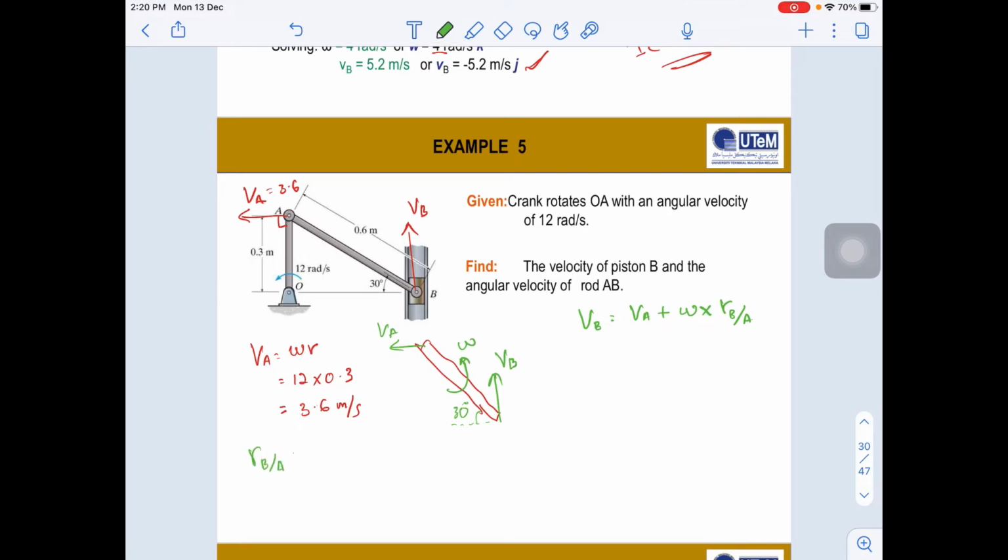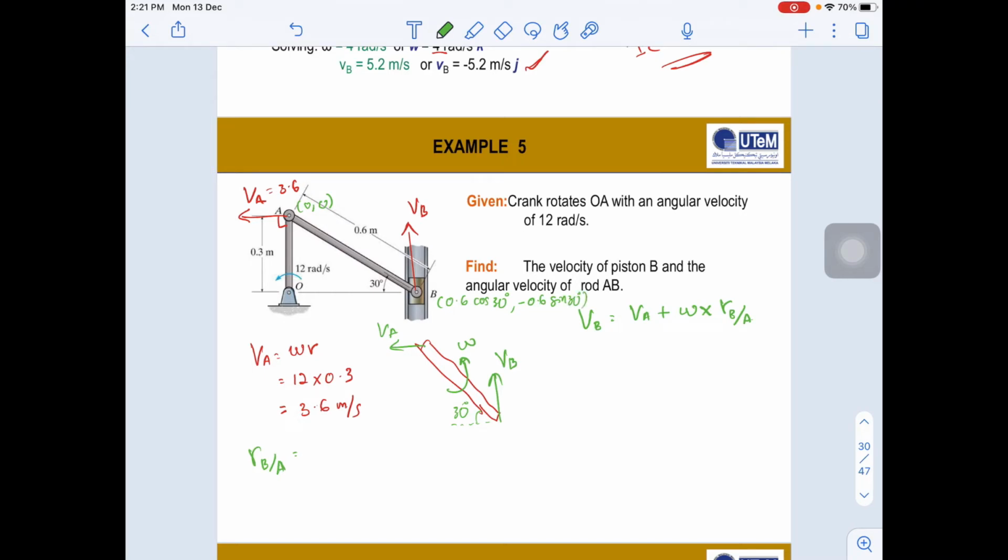RB slash A means A is origin, so here is your origin, 0, 0. So what is coordinate of B? Coordinate of B is 0.6 cos 30, and then minus 0.6 sin 30.